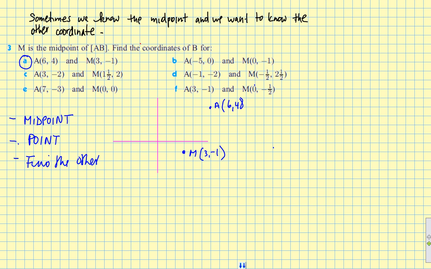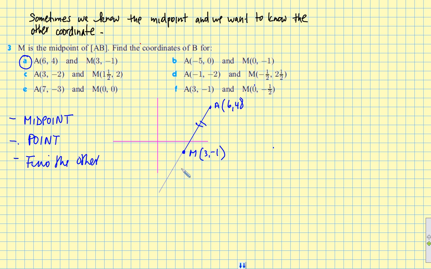So what the question now is asking, if you have this line where this is one point, A, one of the endpoints is A, and I have the midpoint, that means that the other point should be somewhere over here, because remember, it's got to have the same length.